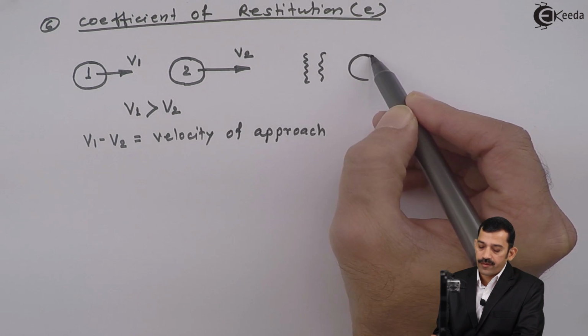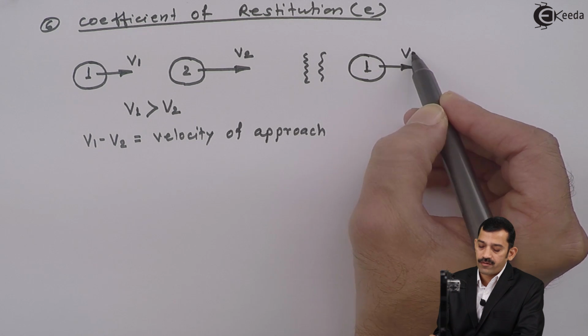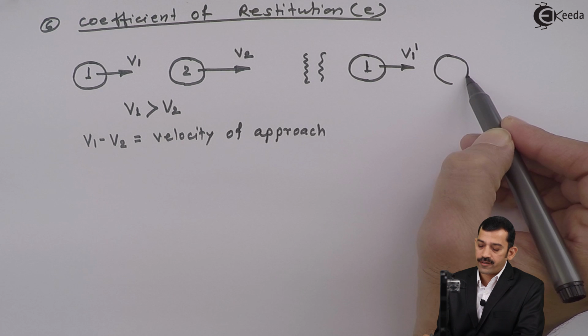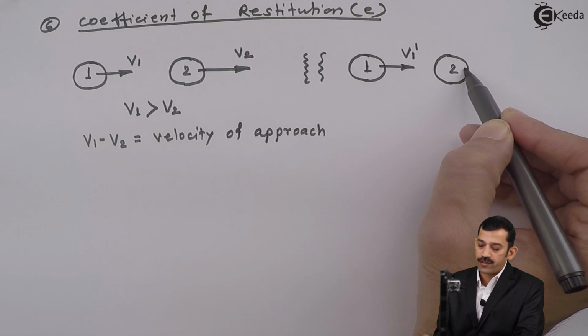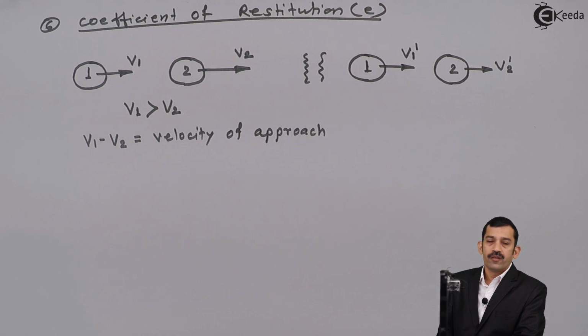Body 1 moves with some velocity after impact, say v1 dash, and just after impact, the velocity of body 2 is v2 dash. v1 dash and v2 dash represent the velocities of bodies 1 and 2 just after impact.